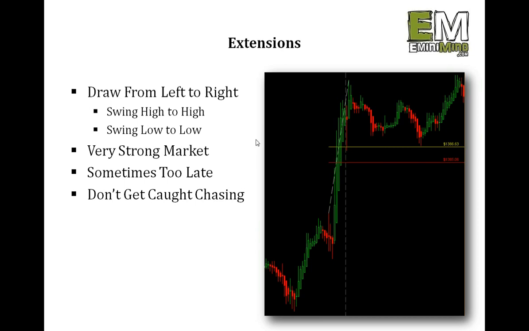So that's what I have for the basics and the overview of drawing fibs and retracements, and then touching upon extensions. So I thought what we could do is go through some of the market action and take a look at those in action, so to speak.